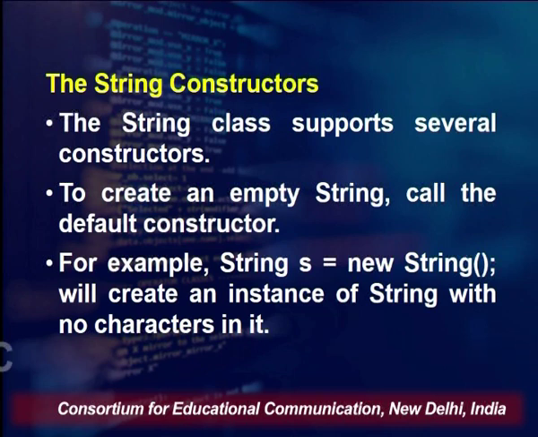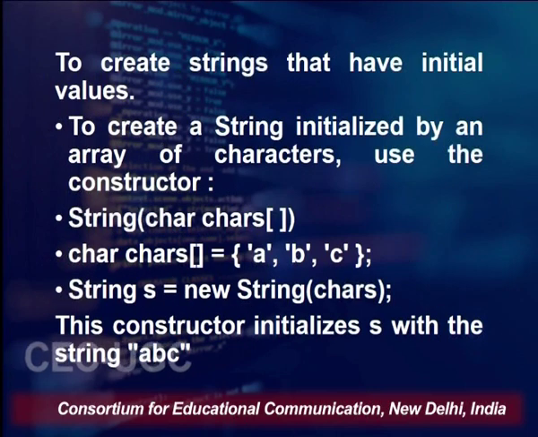So, String s = new String() followed by the blank parentheses. This is one way of creating strings by using the constructor, which is the simplest, the default constructor without any parameters. So, that is one way.